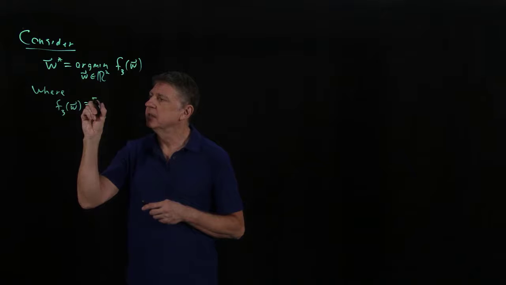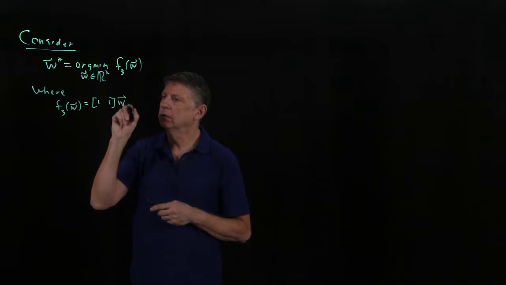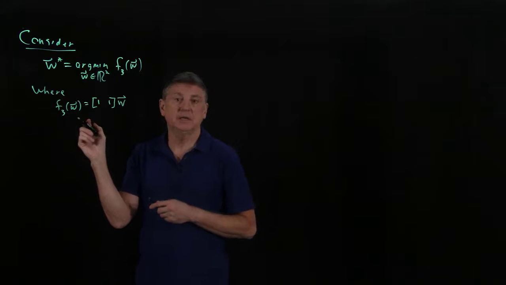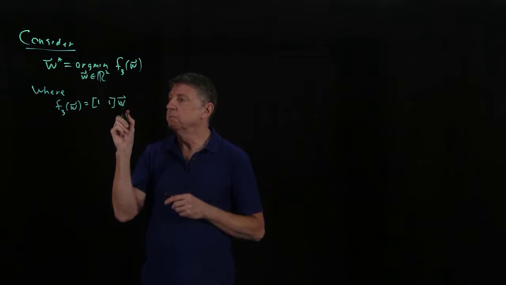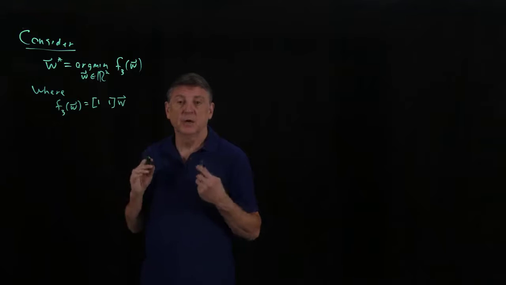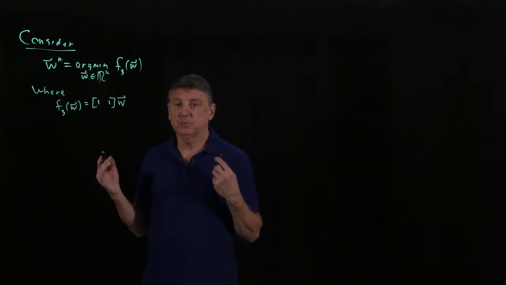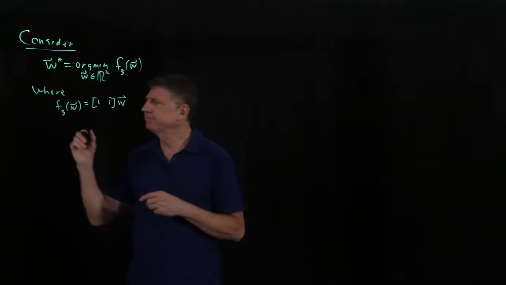Let's suppose that it's the one form 1, 1 times the argument. And we can see immediately that if this was an unconstrained optimization problem, this would be something down at negative infinity for each of the entries of that W.